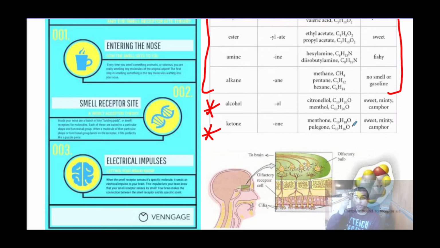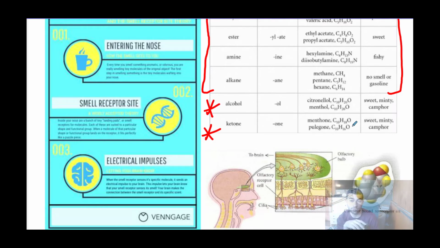It's going to make its way to our olfactory receptors and dock or attach to a receptor site based on the shape of the molecule. So it's sort of like a lock and key. The molecule will fit into a receptor that matches or most closely matches its own shape, tetrahedral, trigonal planar, or the larger shapes, stringy, ball shape, frying pan.